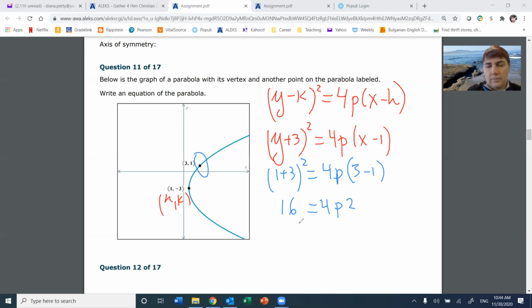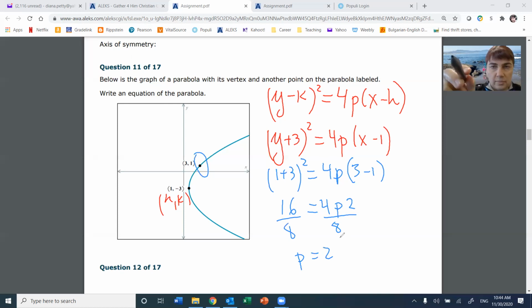Hey, look at that, 4p times 4 is 16p, so 16 equals 16p... so p equals 2 according to my calculations, and we got our equation.